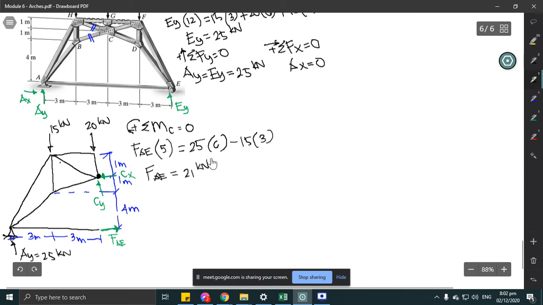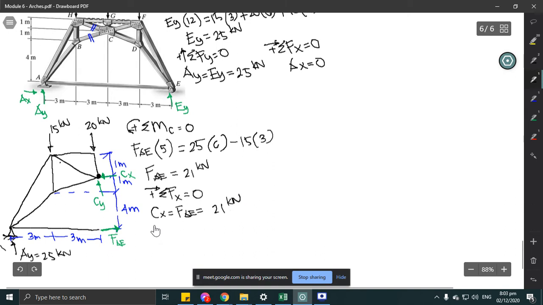Since we now have the force in that member, considering this part of the arch structure, we take summation of forces in X to find CX. By summation of forces in X, CX is equal to the force in member AE, which is 21 kilonewton.